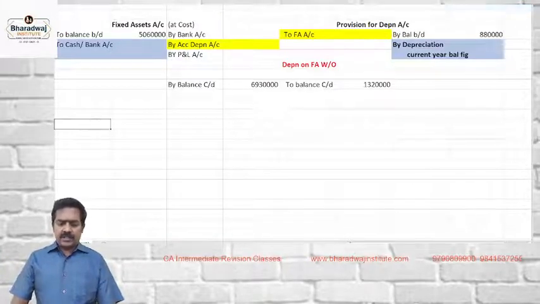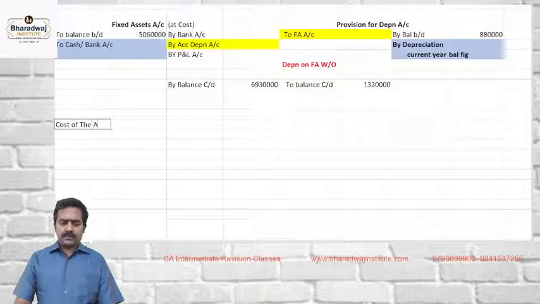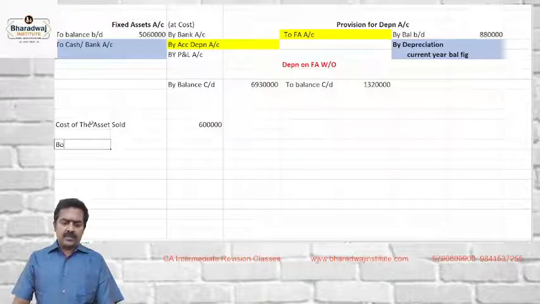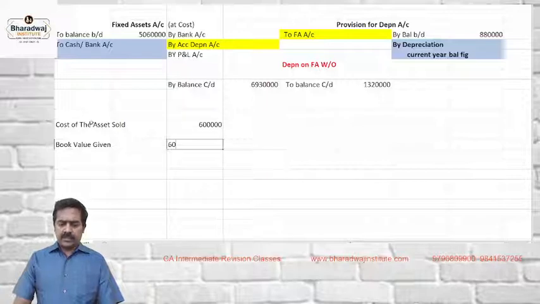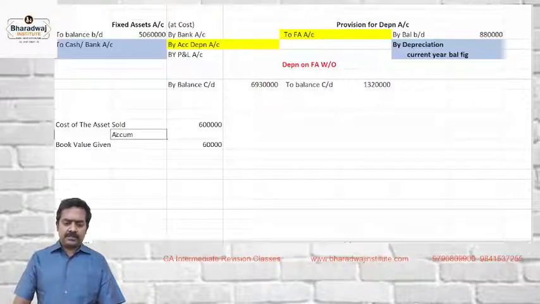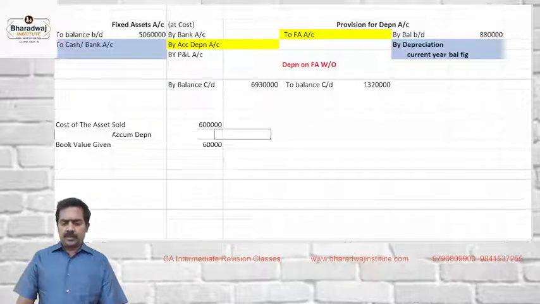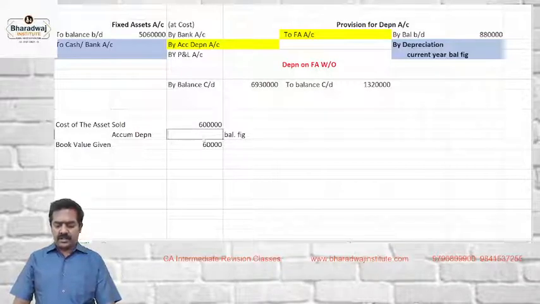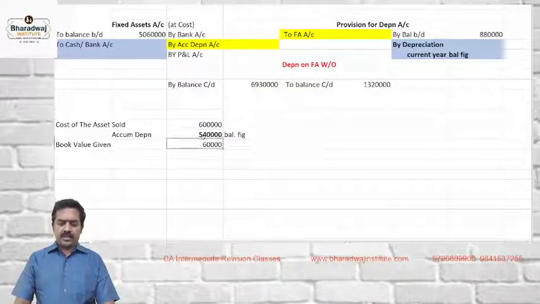Then what is the cost of the asset sold? 6 lakhs. What is the book value given for the asset? 60,000, which means accumulated depreciation. Accumulated depreciation is the balancing figure. Accumulated depreciation on the asset sold is the balancing for how much? 5,40,000.